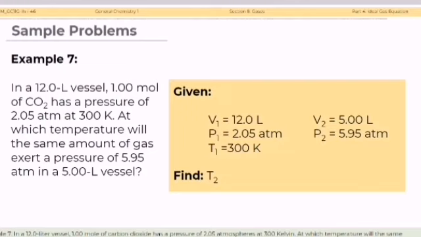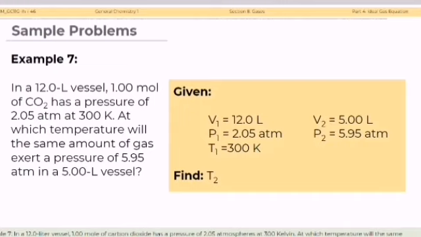Example number 7. In a 12-liter vessel, 1.00 mole of carbon dioxide has a pressure of 2.05 atmosphere at 300 Kelvin. At which temperature will the same amount of the gas exert a pressure of 5.95 atmosphere in a 5.00-liter vessel?